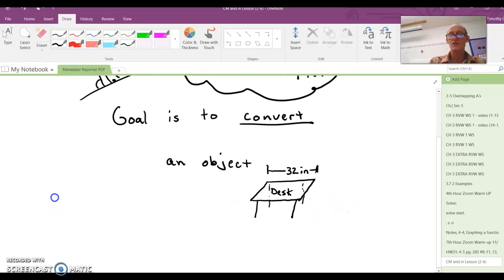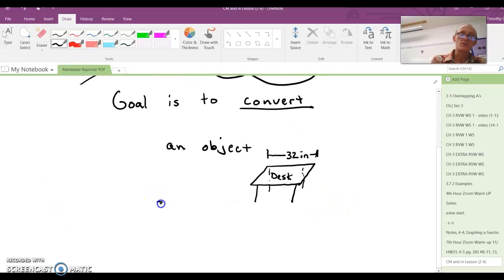How many centimeters is that? Well, 32 inches over x centimeters equals 1 inch over 2.54 centimeters.